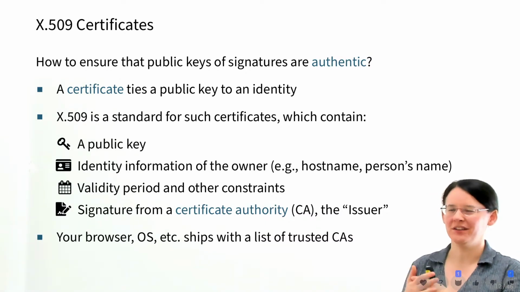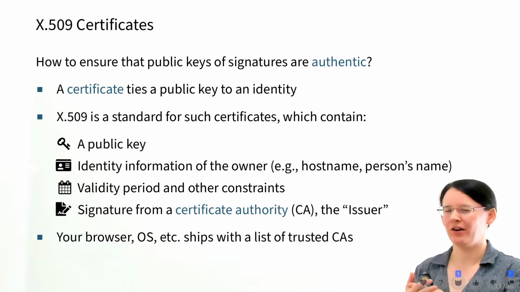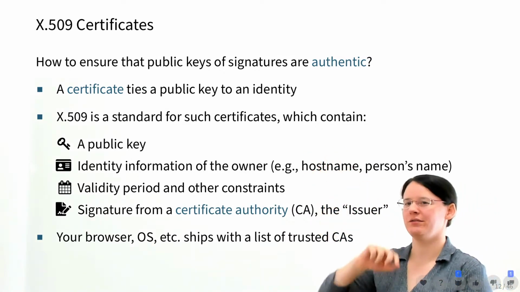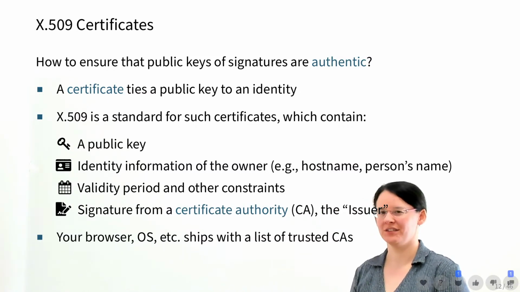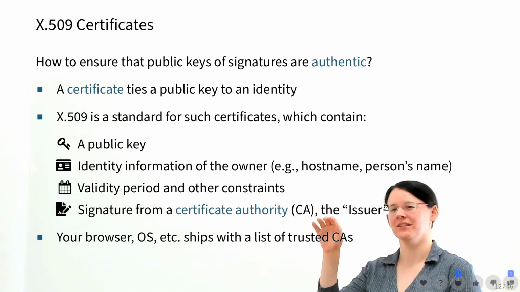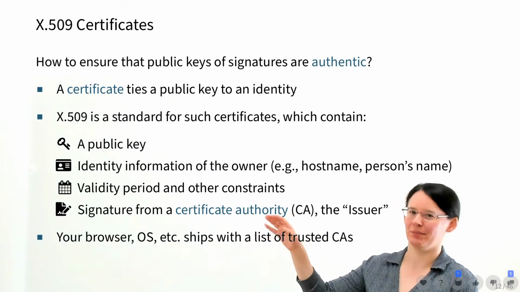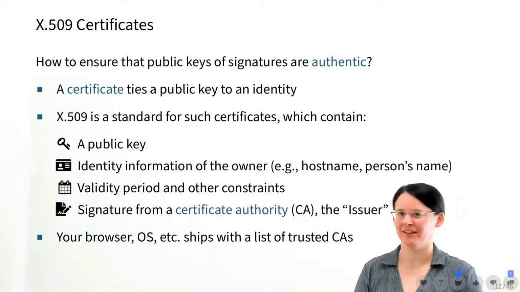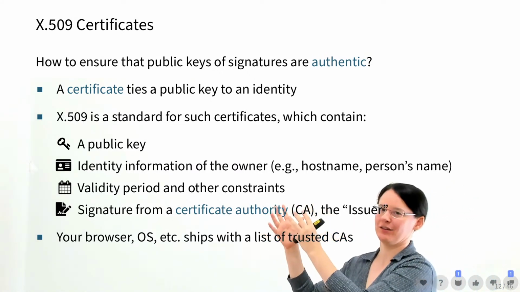But now, of course, we've run into a sort of loop problem, right? So we now have written a certificate to certify a signing key, and to make sure this is valid, we've protected it with another signature. But how do we know that the signature is actually from the valid CA? So how do we know that the public key that was used here is authentic? Well, we can recursively have a certificate for that public key.